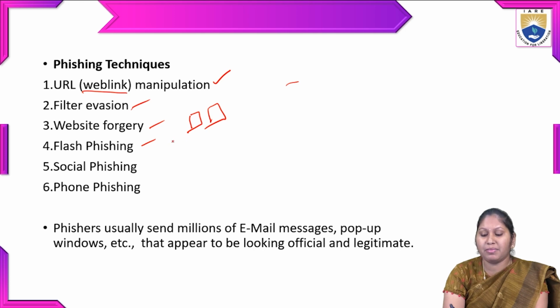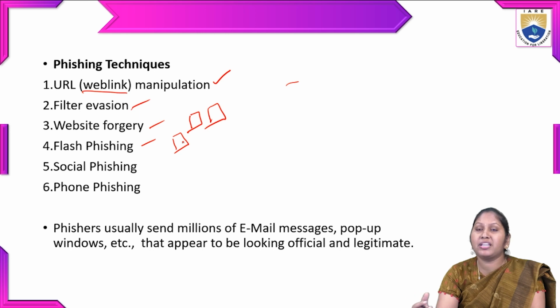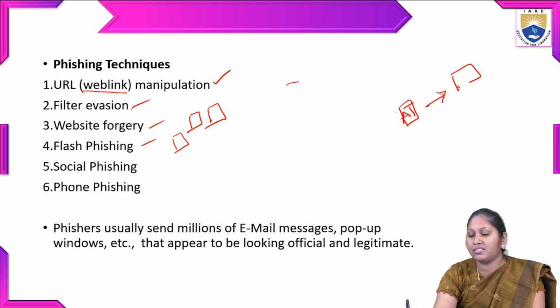Flash phishing is nothing but, some person who is like an original person will try to communicate with the user. Let us think that he is an attacker, and the attacker is trying to communicate with some user.